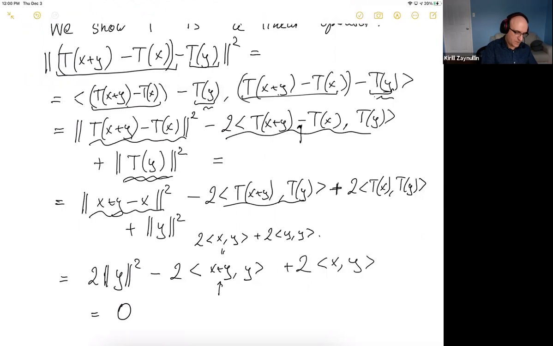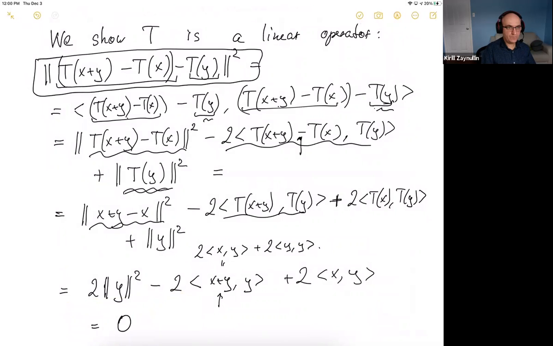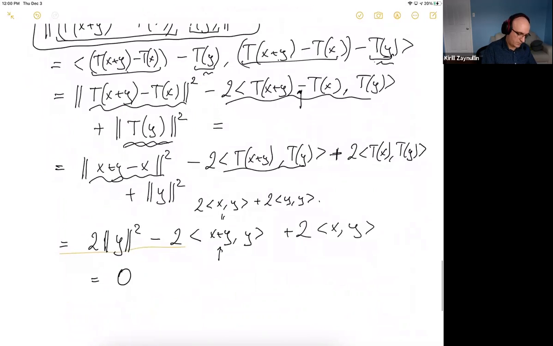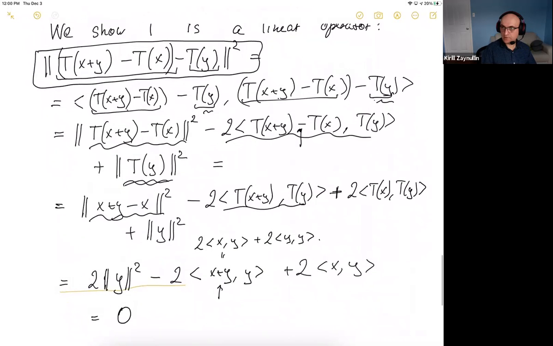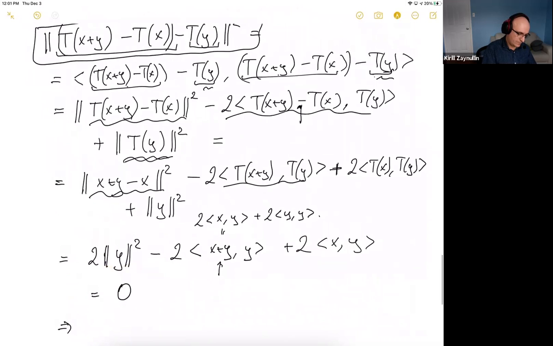Right? So meaning that, have a look here, we just deduced that the square of the length of this vector is 0. But then, if the square of the length of the vector is 0, then the vector itself must be 0. So what is the vector?